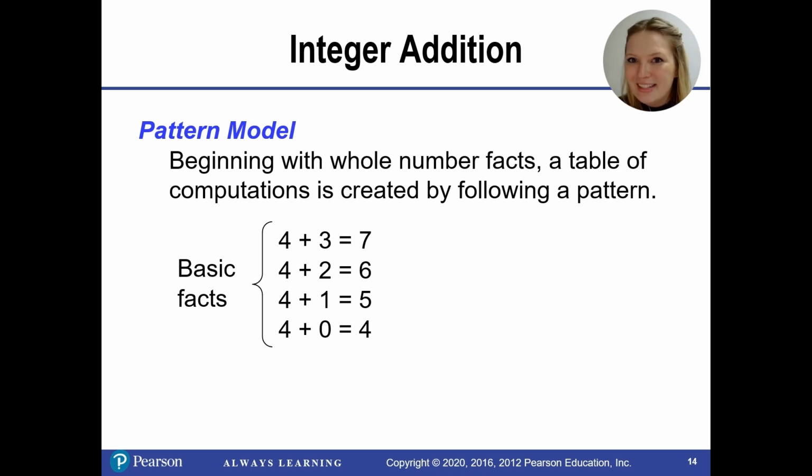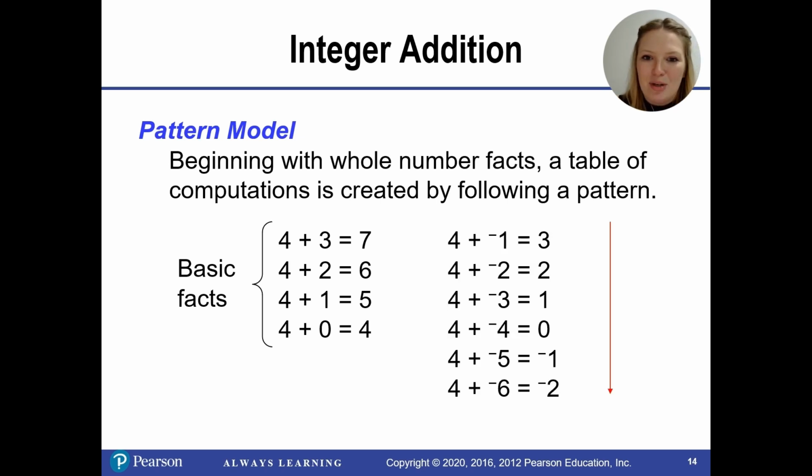Add 1 less, 4 plus 0 equals 4. If we add 1 less than 0, if we add -1, we get 3. If we add 1 less than -1, we get 2, and so forth. So we can identify what's happening when we add 1 less: the sum decreases by 1 every time.